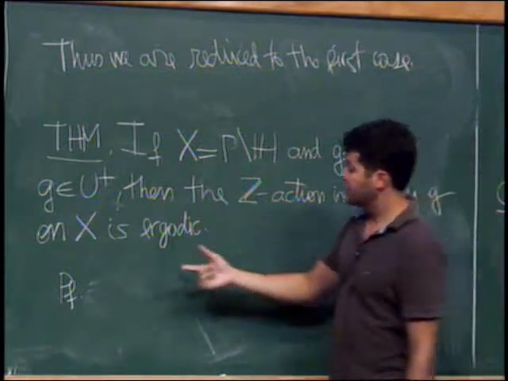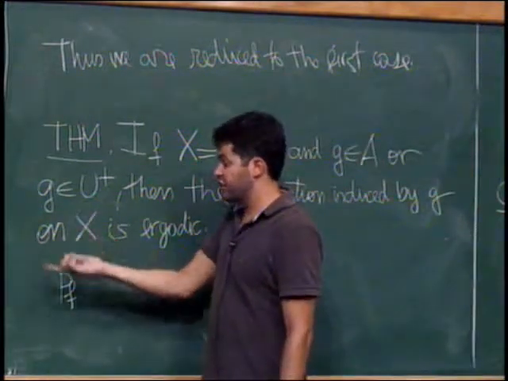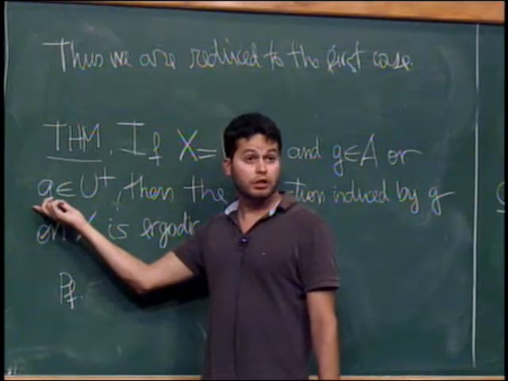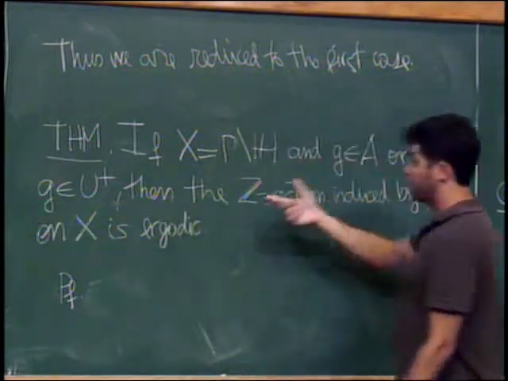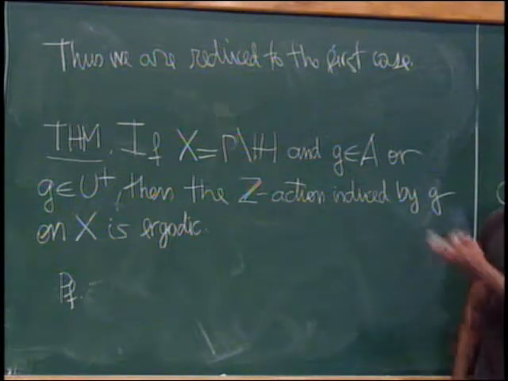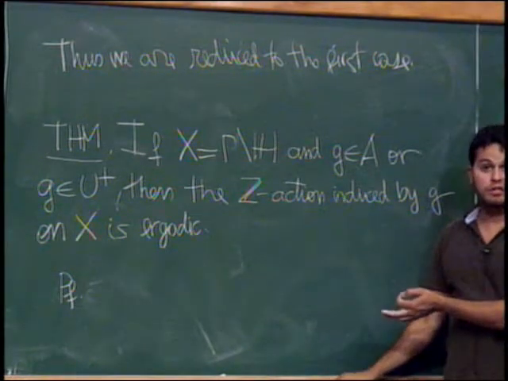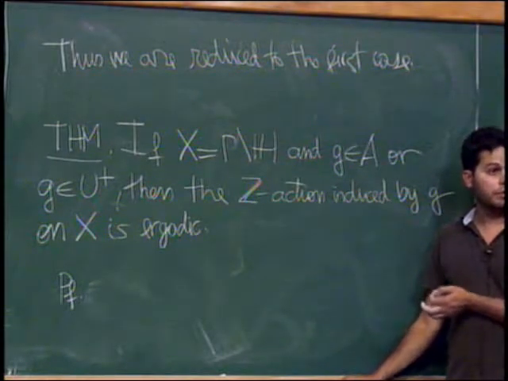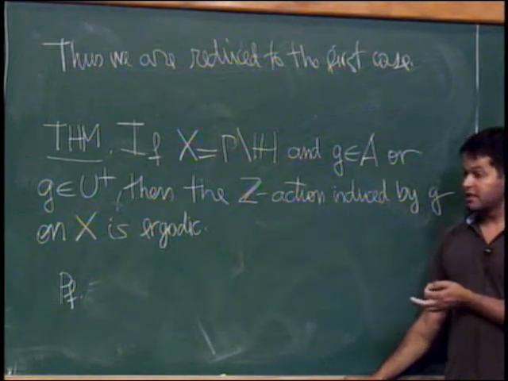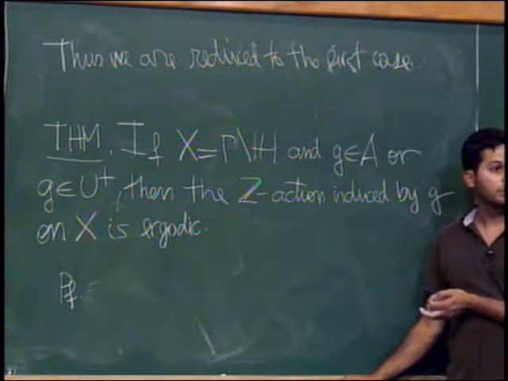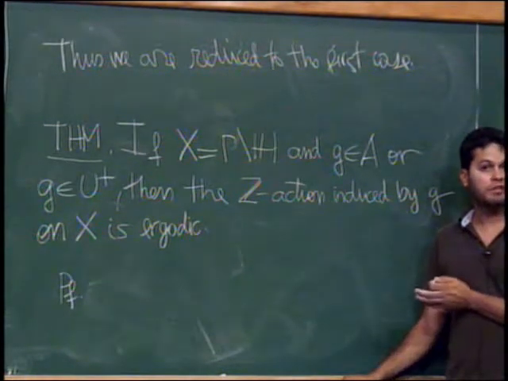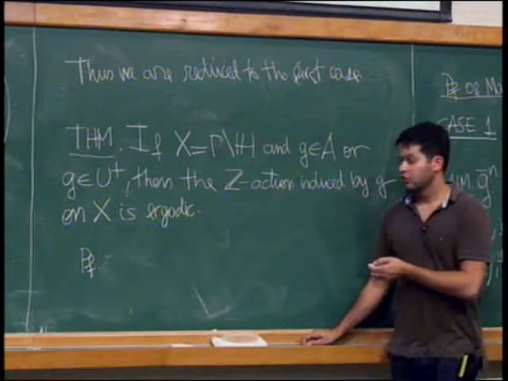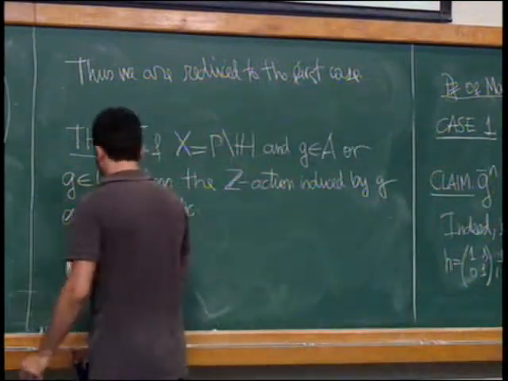So if you consider a vector, which is a function, invariant by g, and g belongs to A or to U plus, then you know by the Mautner phenomenon that this function is invariant by every element of the group. But because the group acts transitively on this quotient, this means that the function has to be constant. The function being constant and having 0 average, the function has to be 0. Okay? So this is the proof of the theorem.